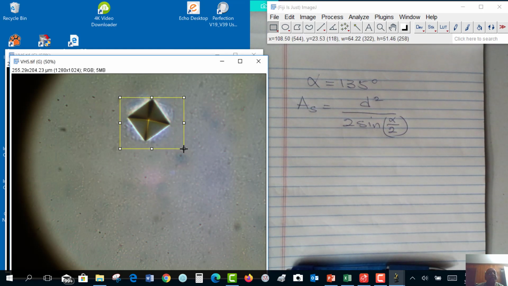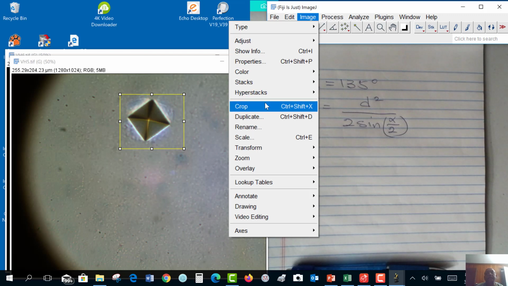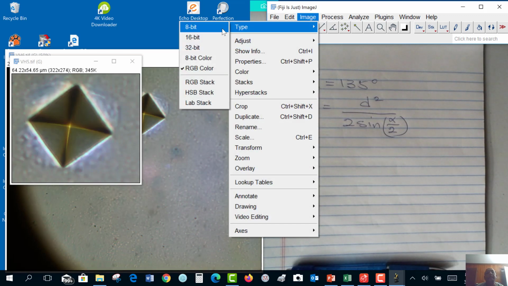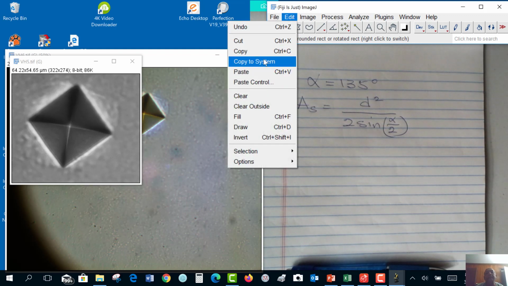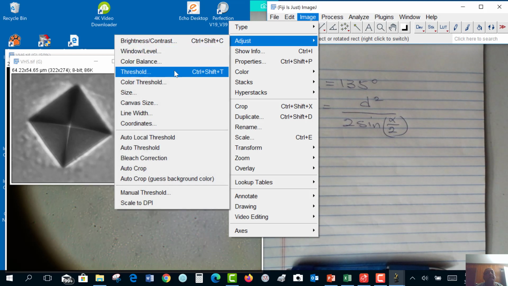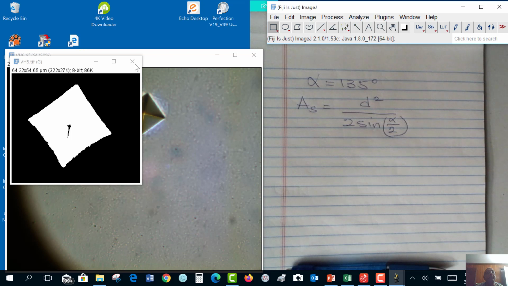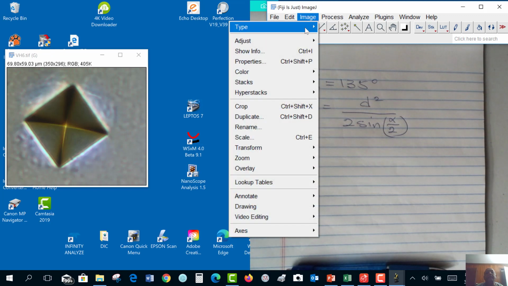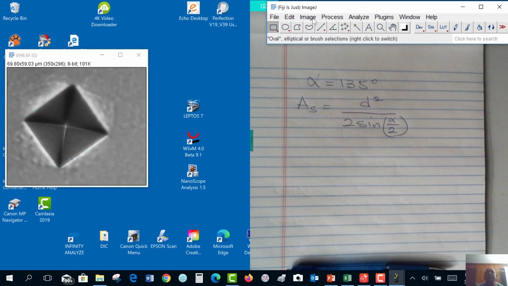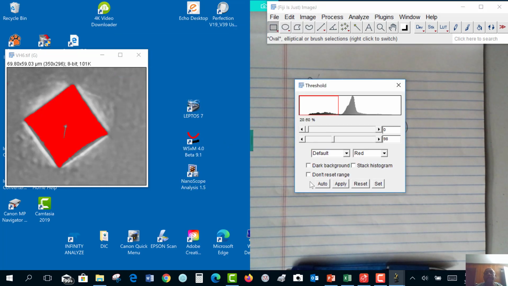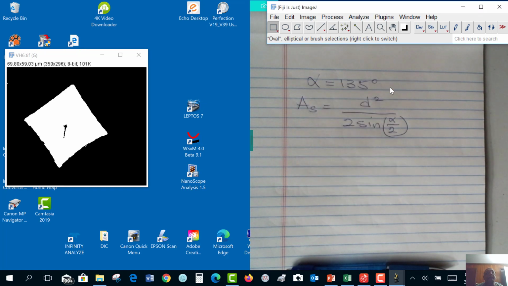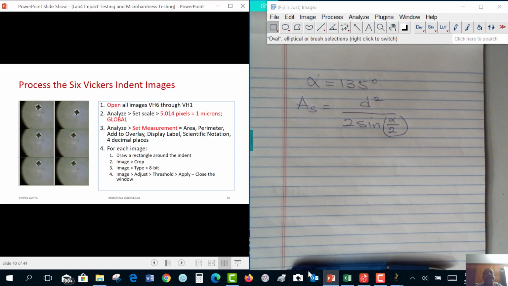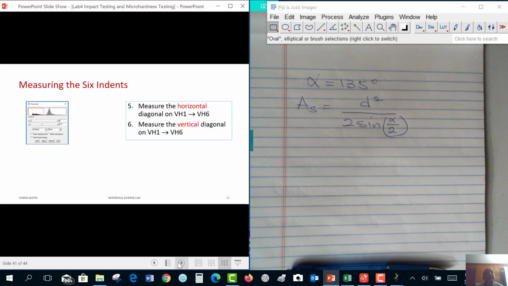Okay, I'm on to image 5. And finally, the last image. Okay, so we have processed all the images.